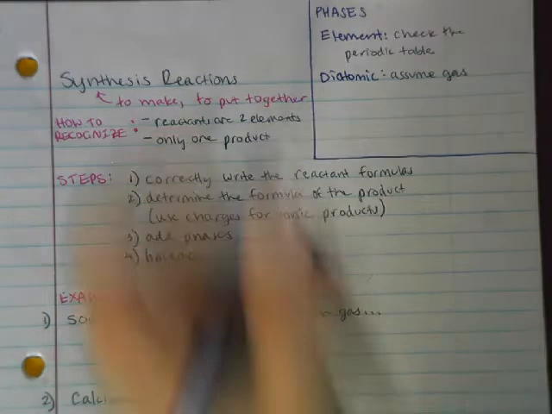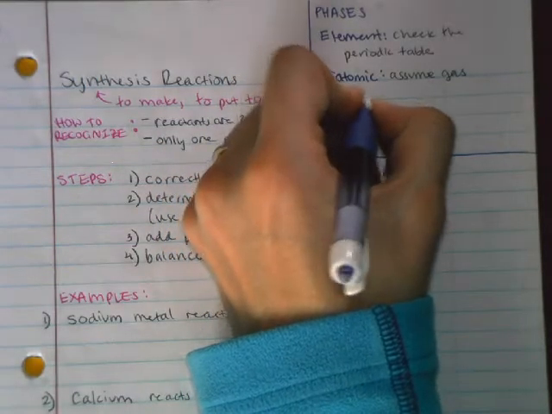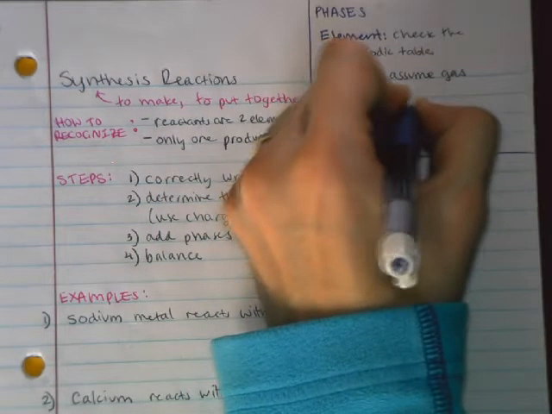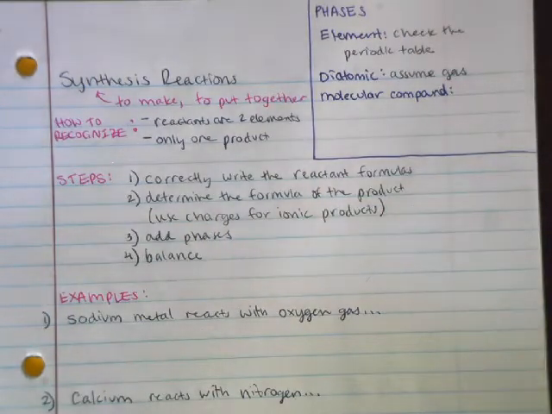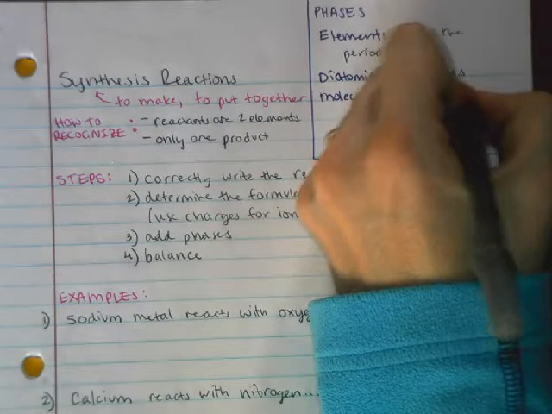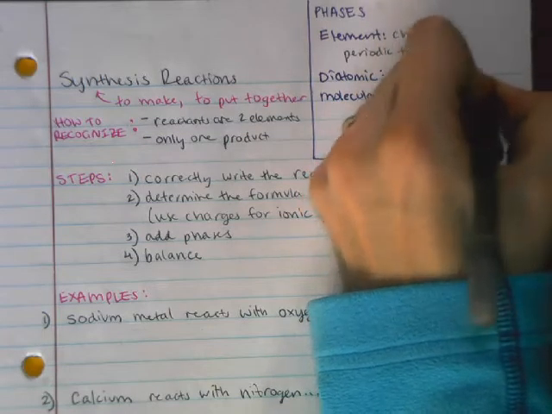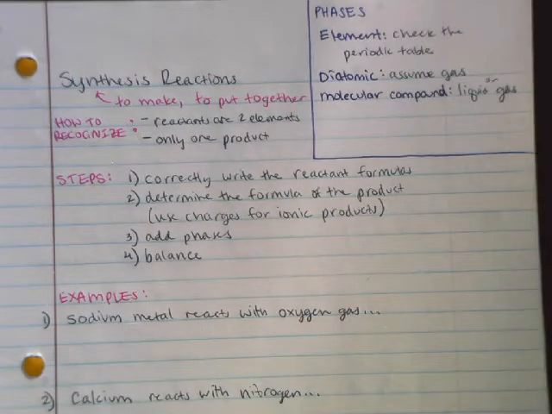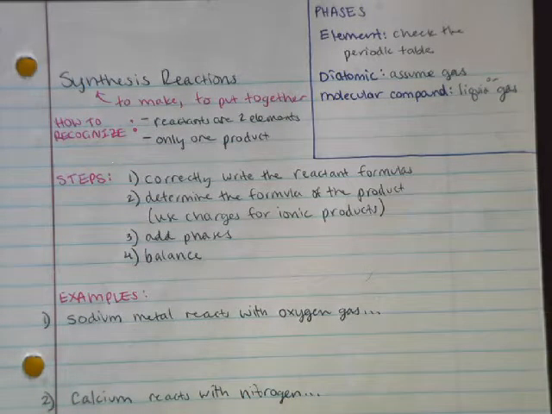If you have a molecular compound, molecular meaning two or more nonmetals, your molecular compounds are either going to be liquid or gas. And your problem should probably tell you whether it's a liquid or a gas. But molecular compounds, by definition, are usually liquids or gases at room temperature.